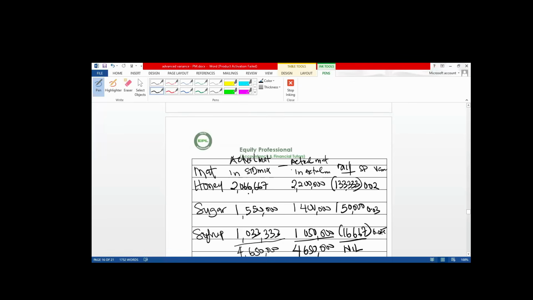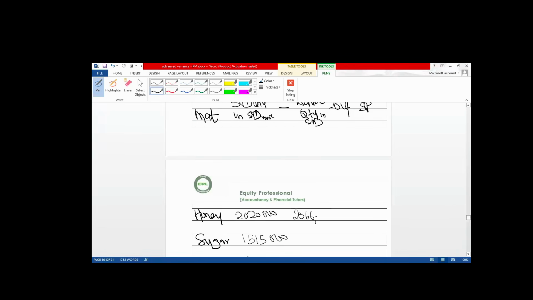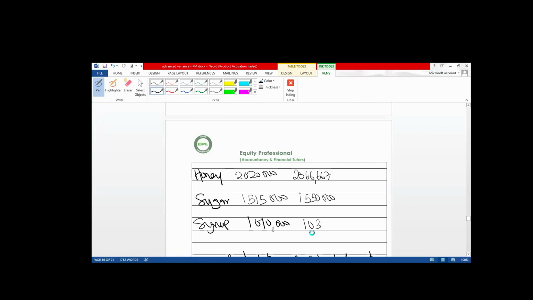This is my actual material in standard mix: 2,066,667, 1,550,000, 1,033,333. Differences: 2,000,000 minus 2,066,667, negative 66,667 multiplied by 0.02.